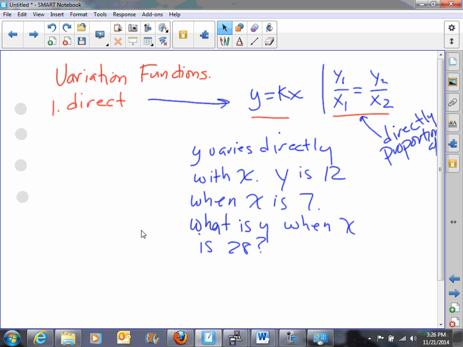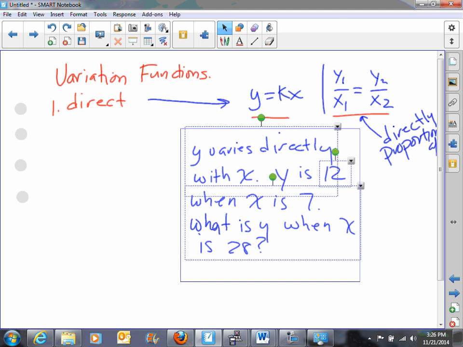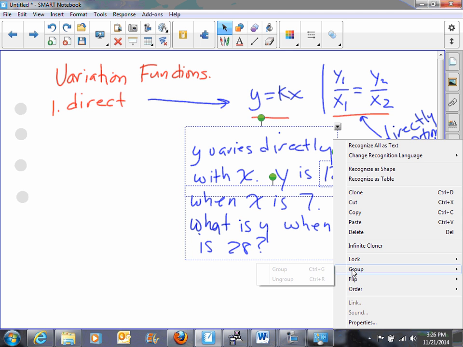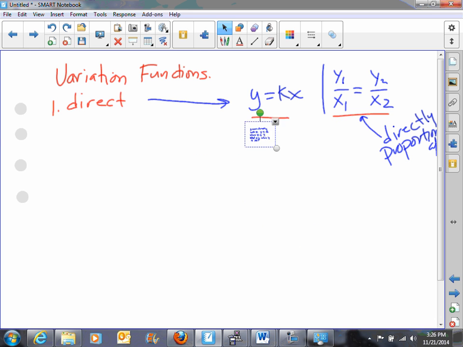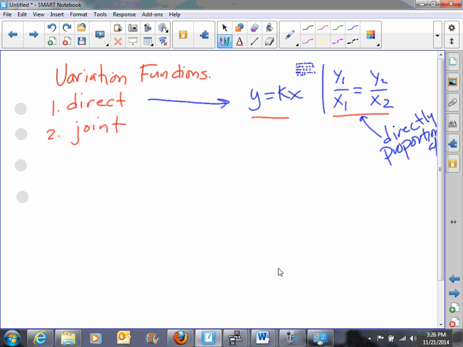Now, the next type of variation that we get is joint variation. What happens here is we have a quantity, say y, that varies directly with two different quantities.